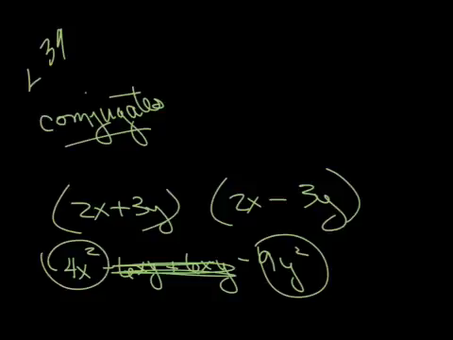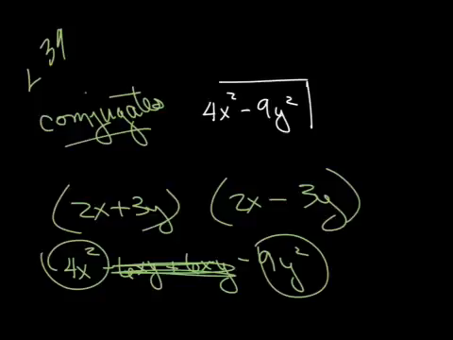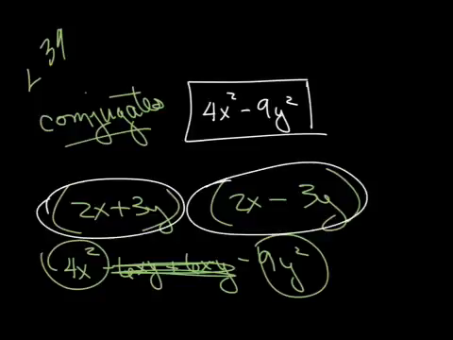Okay? So, if we wanted to go backwards, let's go ahead and write this as 4x squared minus 9y squared. This right here is our beginning point, and factoring into that is what we're looking for. So we just did the FOIL to make those two binomials into this here.